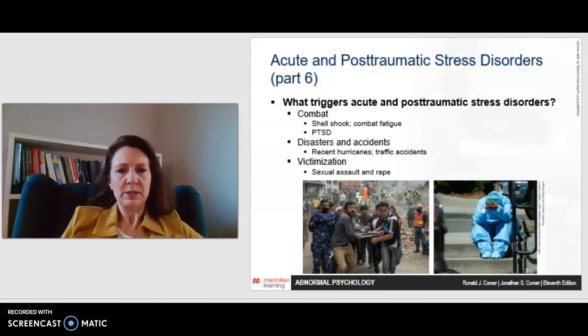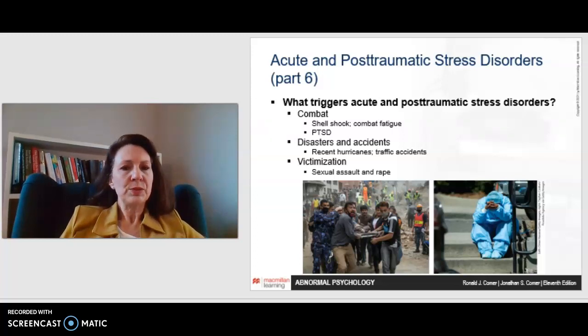So what triggers these stress disorders? For men, oftentimes it's more common that they suffer from this from combat. It used to be called shell shock or combat fatigue. Now we typically call it post-traumatic stress disorder.